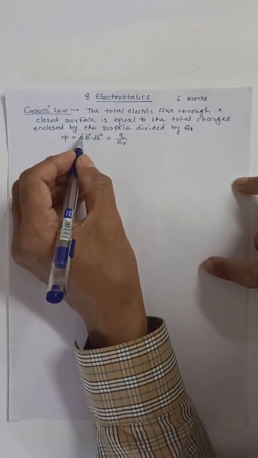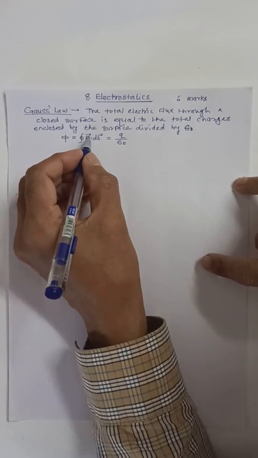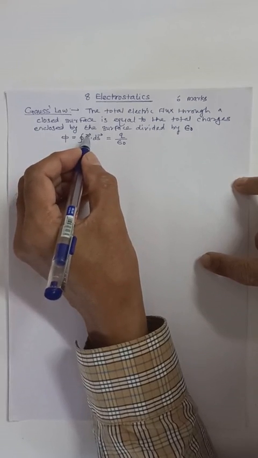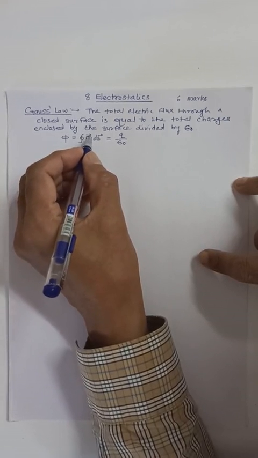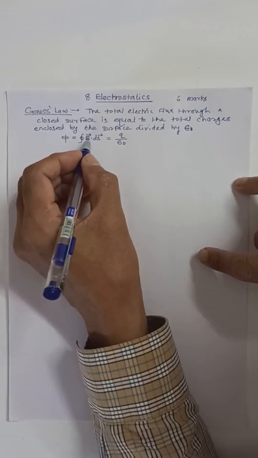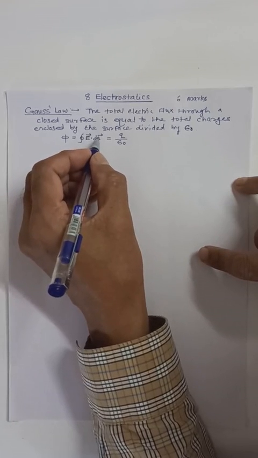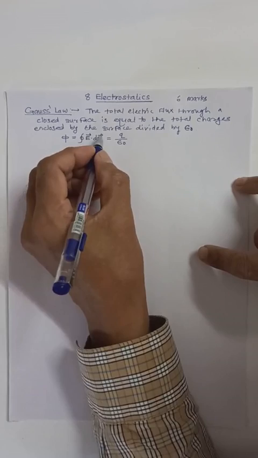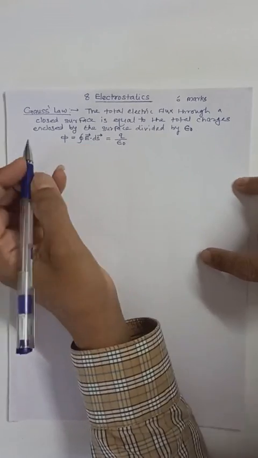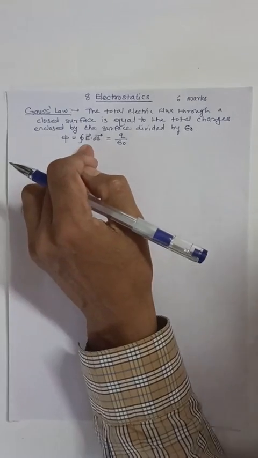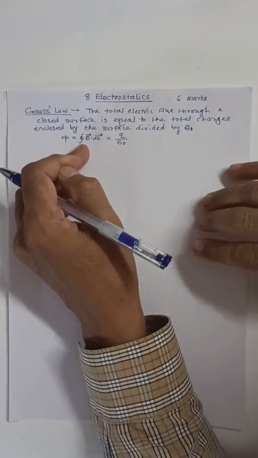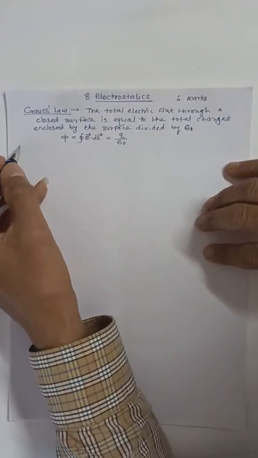In this integration, vector E is the electric field intensity and vector ds is the vector area. This is the mathematical formula of the Gauss law.